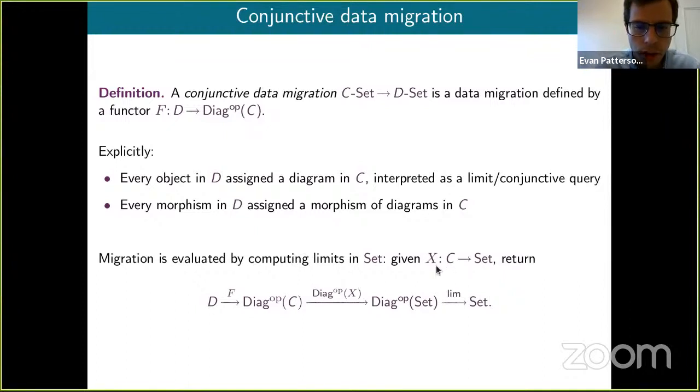If I give you a C-Set X, what do I do? I start with the schema for this migration, which is this functor F, and then I post-compose with X to get a functor from D into diagrams in Set, and then I hit it with the limit functor, which I just described, and that gives me a set. And so the composite of this whole thing is a functor from D to Set, or D-Set.